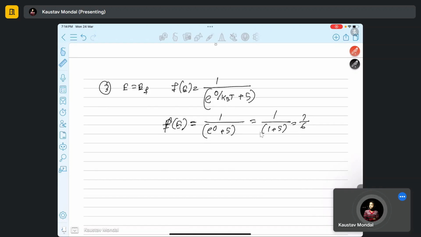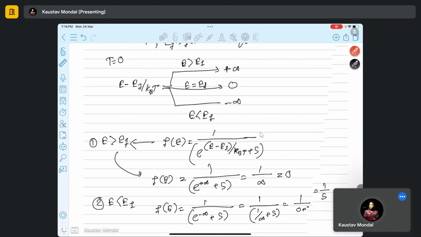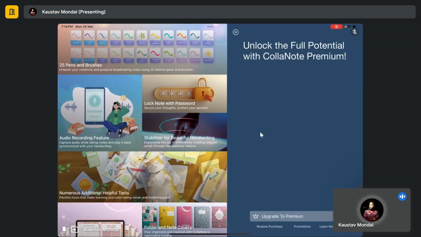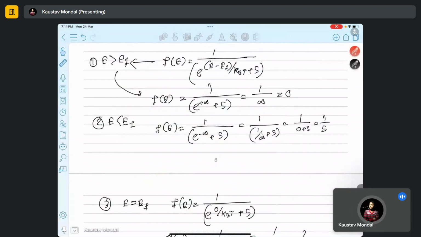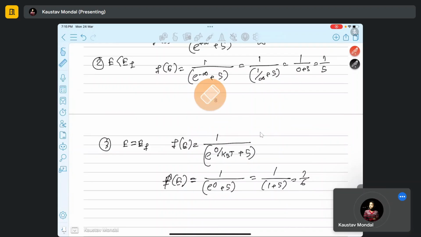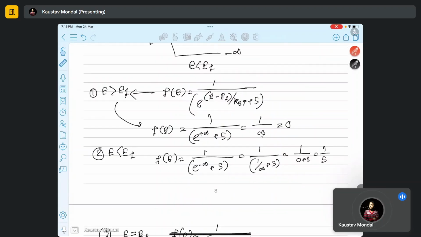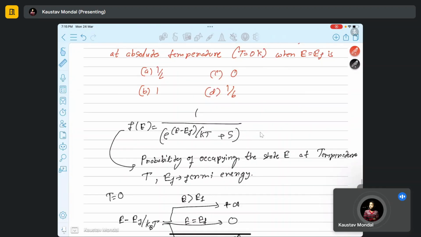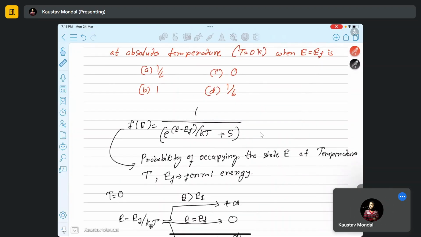That is the case where E equals EF. So that's how we got different terms for the cases E greater than EF, E less than EF, and E equal to EF: 0, 1 by 5 and 1 by 6. So for this problem the correct answer would be 1 by 6.